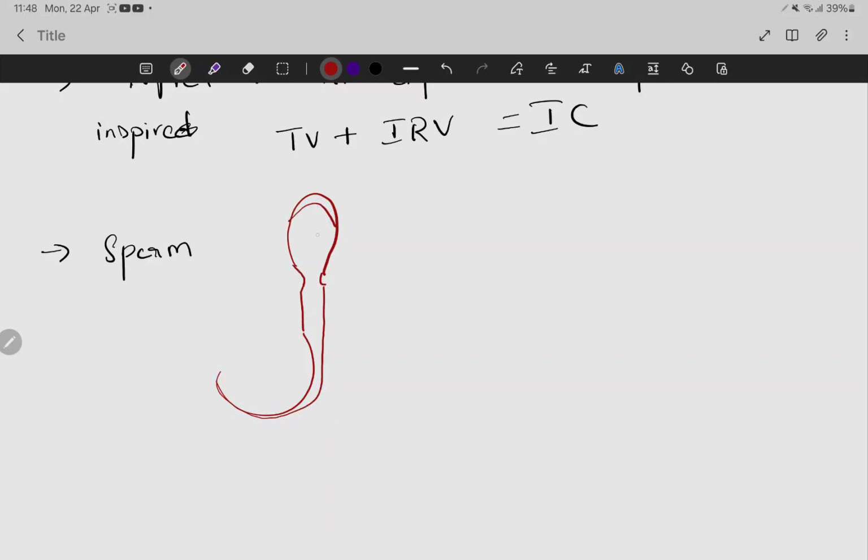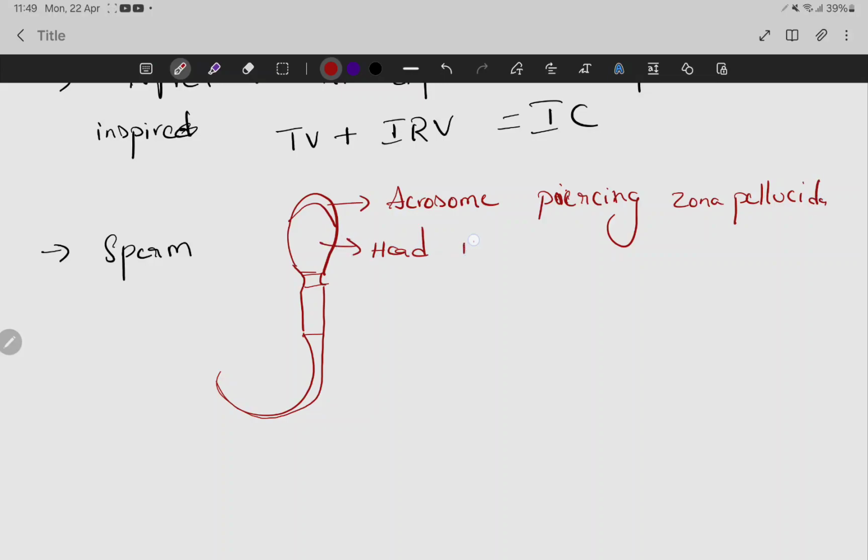Here we have the acrosome, and this acrosome is for piercing zona pellucida. In the head, we have the nucleus, this is the neck. Middle piece is for providing energy for movement because it has mitochondria, and tail is for movement.